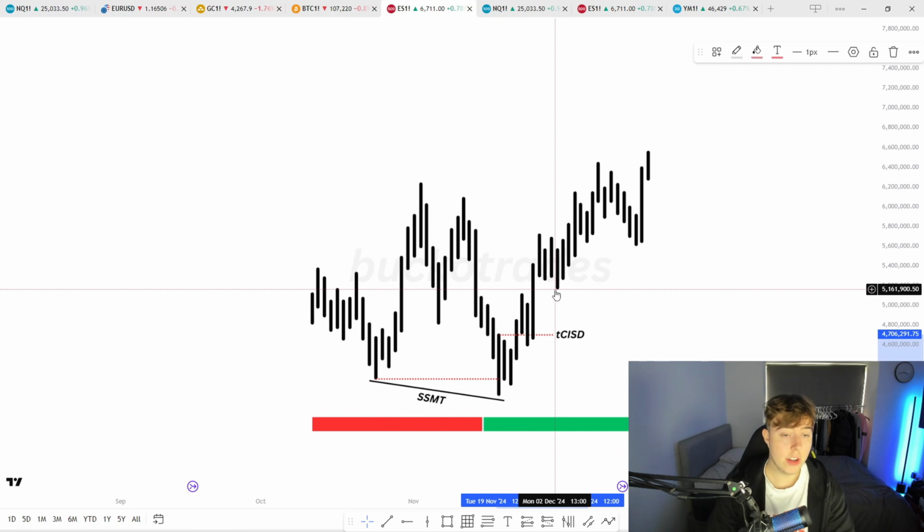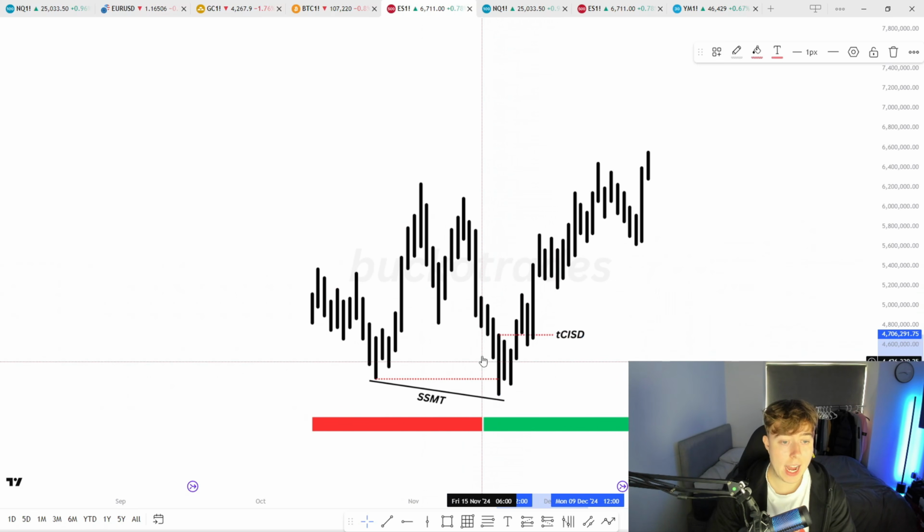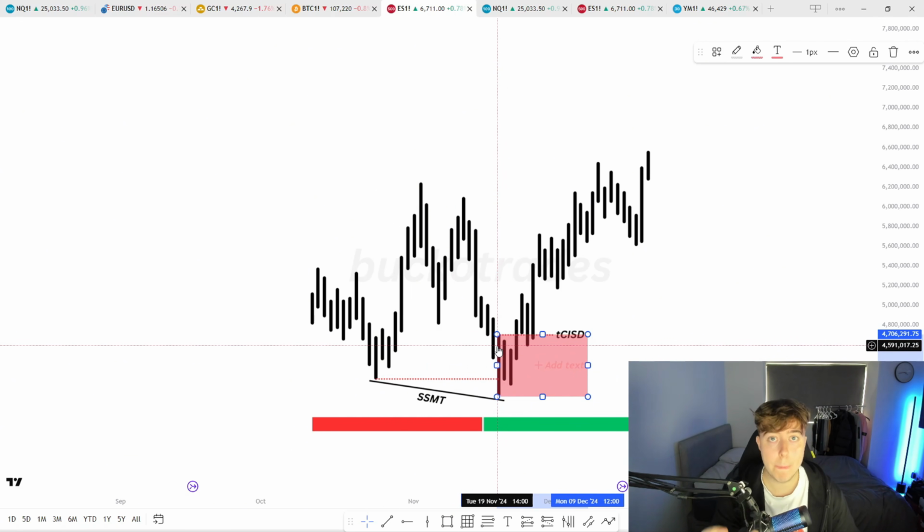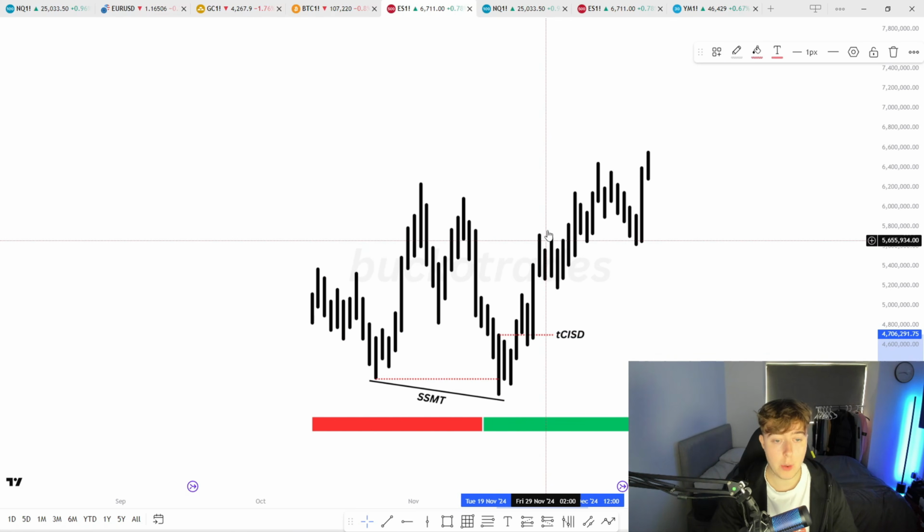So a couple more things to note is when looking at a bullish tCISD, we of course must have a bullish sequential SMT take place, and the candle that creates sequential SMT must close bearish, okay? Because basically bearish candles support price to go higher, bullish candles support price to go lower.